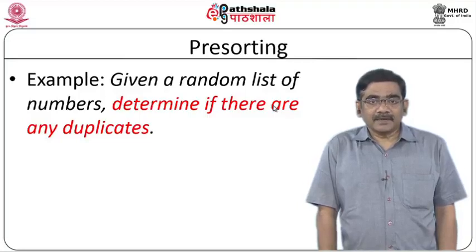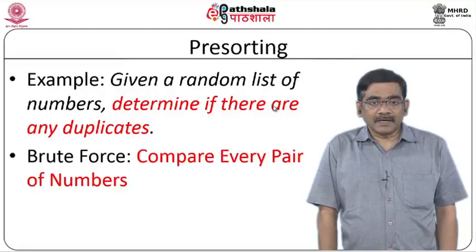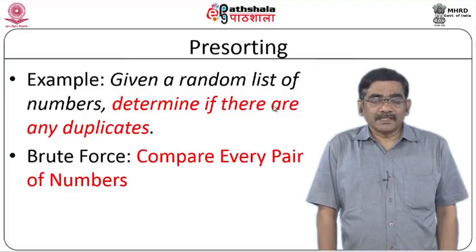Duplication checking is one of the applications of pre-sorting, where we can sort the elements to check for the duplicates. How can we check the duplicates of numbers? For checking the duplicates, we have to compare every pair of numbers, and if comparison gives the same result, we can conclude that there are certain duplicates.